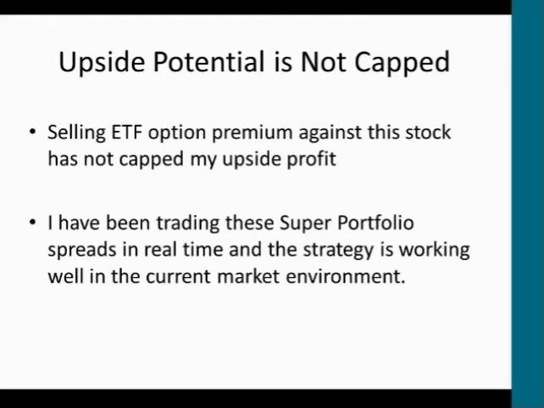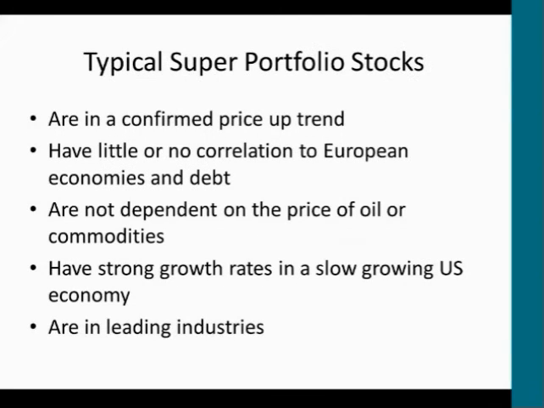So let's look at some examples of super portfolio trades. And again, I've been trading these super portfolio spreads in real time, and these spreads are holding up well too in this type of market. The typical super portfolio stock is in a confirmed price uptrend using our trend indicators.